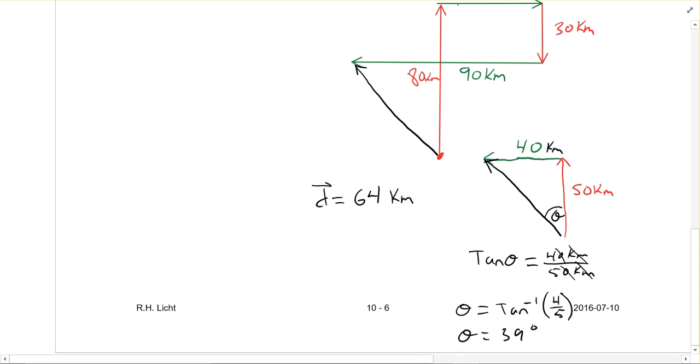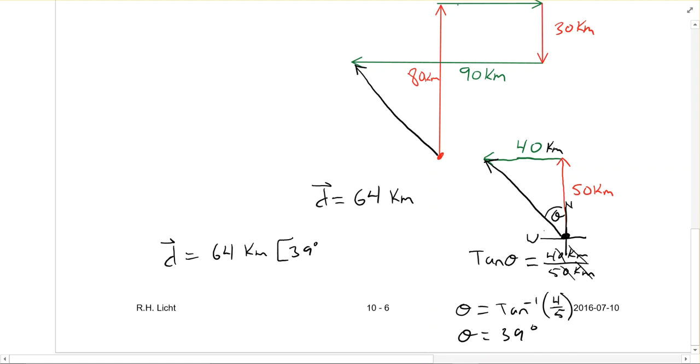So now our answer here is going to be, the displacement is going to be equal to 64 kilometers, 39 degrees. And now what are things going to be? Well, if this was where we started, that was north, and this is going to be west.